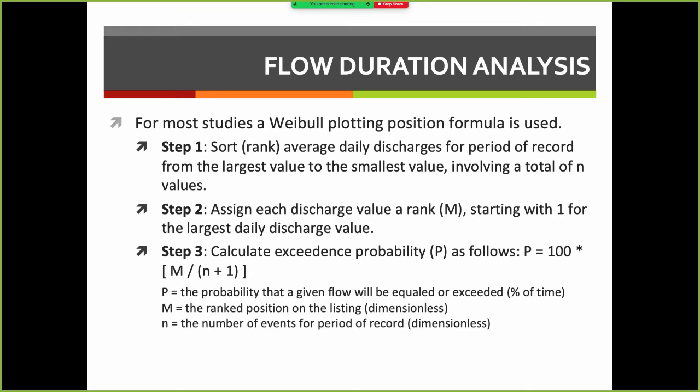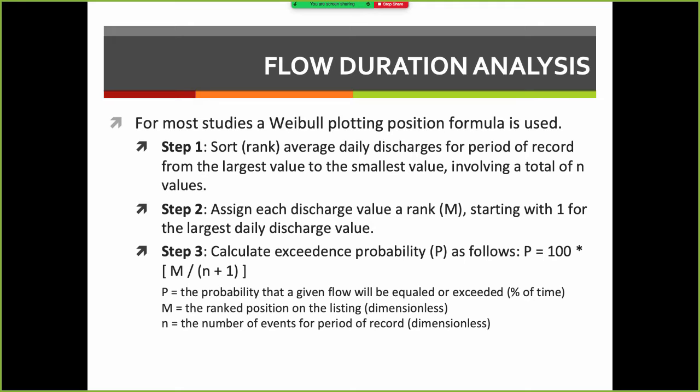So the daily discharges are ranked for the period of record from largest to smallest, and we get a total of n values. We're going to do an example shortly that I think has about 11,000 values. So I chose that example partly because I have a place to go look, see if I got it sort of correct, and partly because it was big.